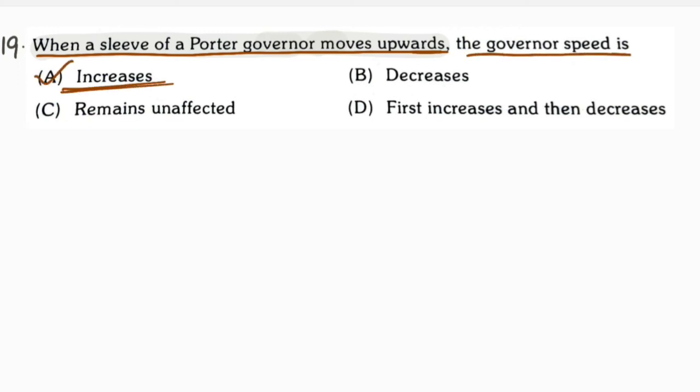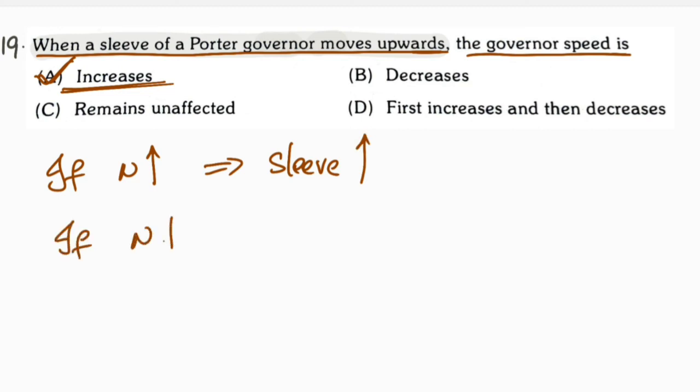Therefore, option A is absolutely correct. Remember, if the speed n increases, the sleeve moves upwards. If the speed of the governor decreases, the sleeve of any governor, not only Porter, moves down. I hope you got my point. Let us take another problem.